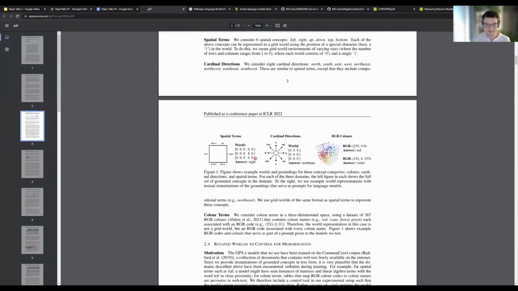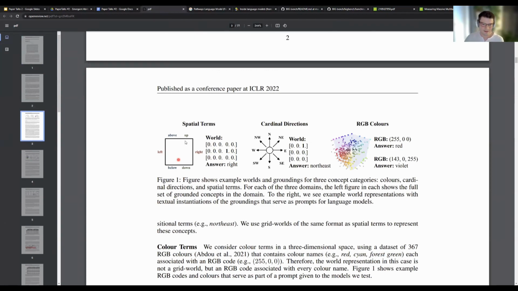What about it? So we have some concepts like these cardinal directions, spatial terms, the RGB colors, and we are simply giving some instruction to our model. Then we are saying that these are the RGB colors, and we are giving this 255 0 0 tuple, and the model is supposed to answer red.